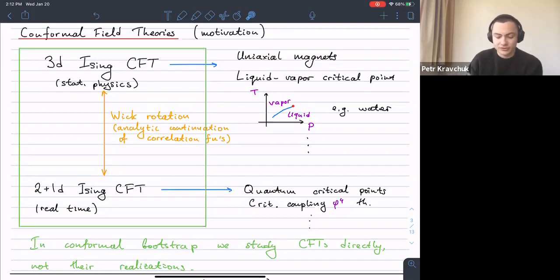And in the case of the 2+1 dimensional Ising CFT, one can think about it, for example, as a phi to the 4 theory in 2+1 dimensions with critical coupling. So there's this CFT, which has many various appearances. And in the conformal bootstrap, we focus on this CFT with the idea that if we learn something about this conformal field theory, we therefore learn something new about this variety of scenarios in which it appears.